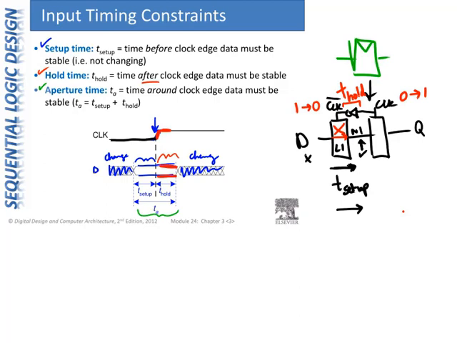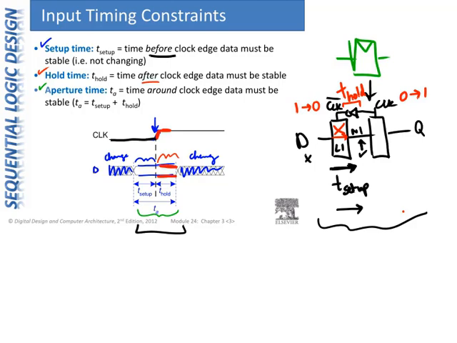So then we back up a level of abstraction and talk about it again at these abstract levels, but now we've dived down into the details of where those numbers actually come from. There's some time before the clock edge that D has to be stable. It has to get through L1 to that internal node before the clock edge. That's our setup time.